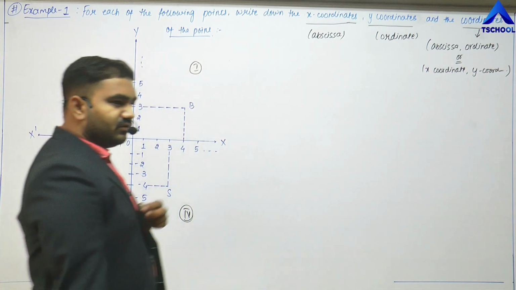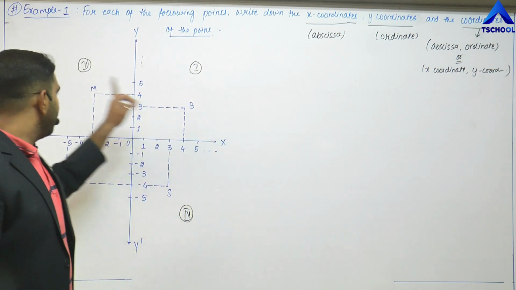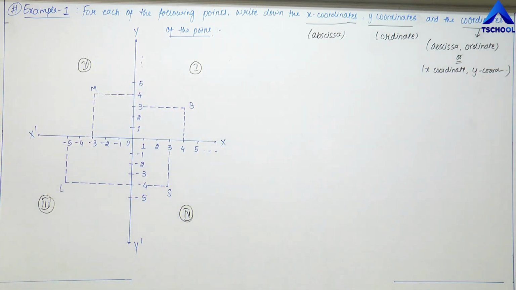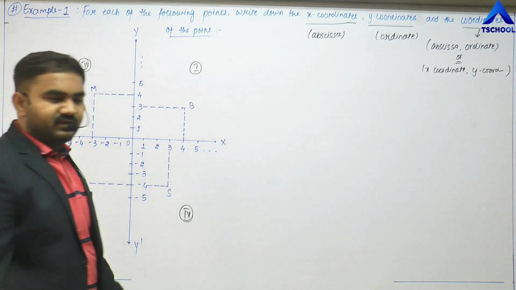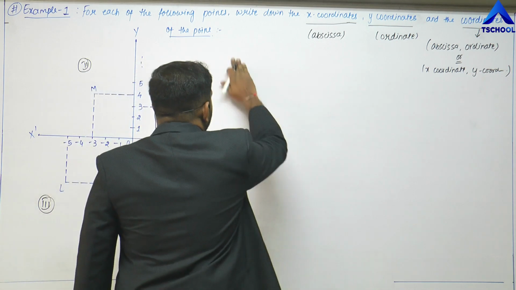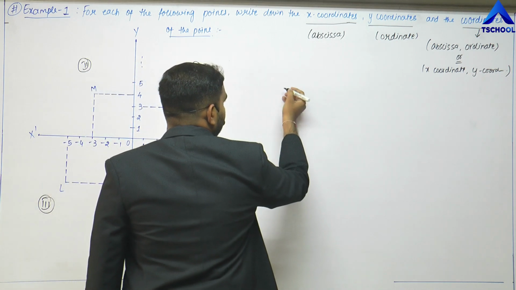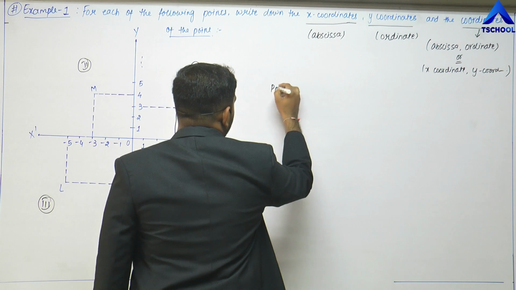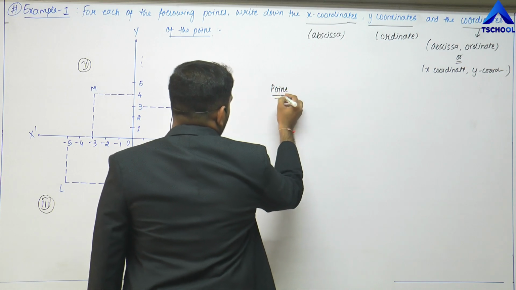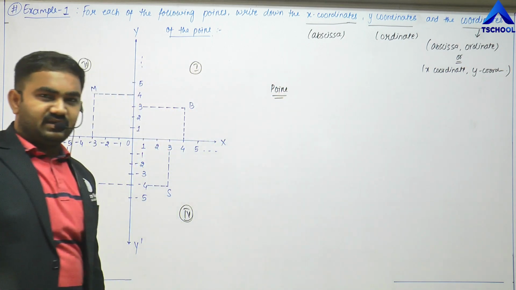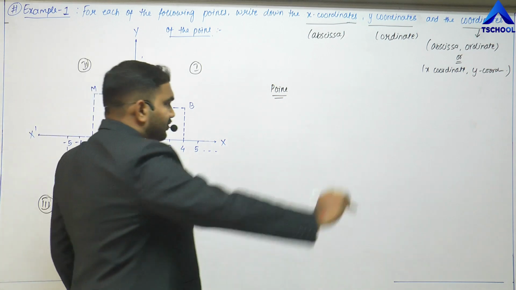So what we are going to do here, for each and every point B, M, L, and S, is find out the abscissa and ordinate of all these four, and then write down the coordinates of the point. We are going to form a table so that it is easier for us to understand.